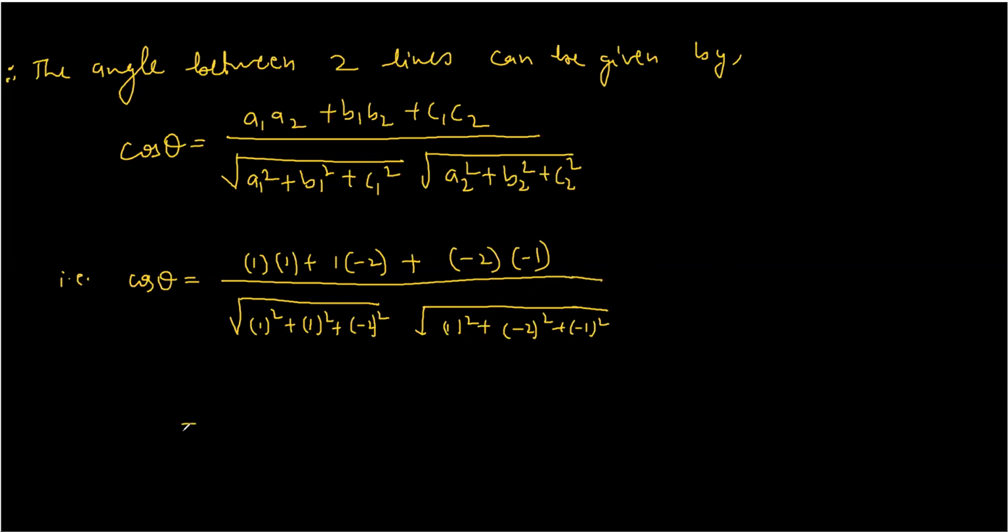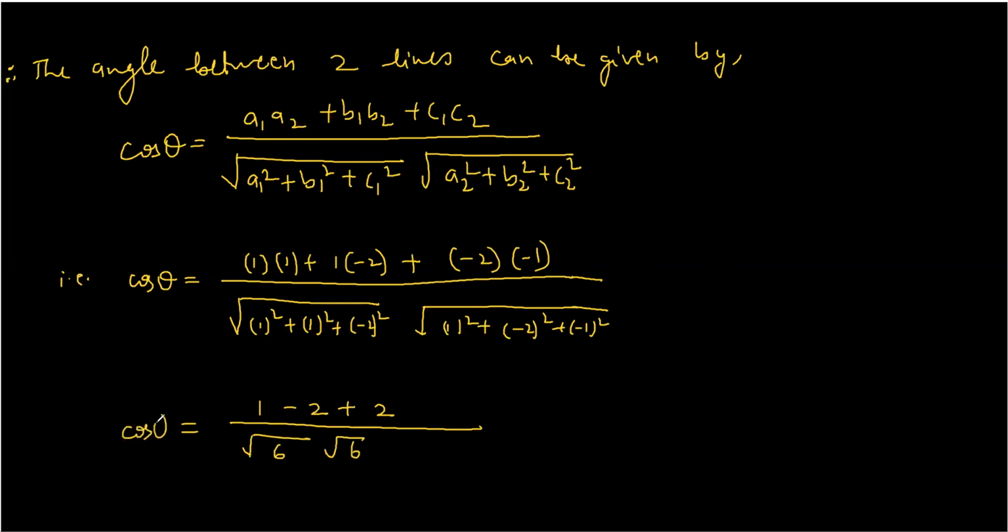So this will get you 1 minus 2 plus 2, and this is square root of 1 plus 1 plus 4, 6, and this is also 6.